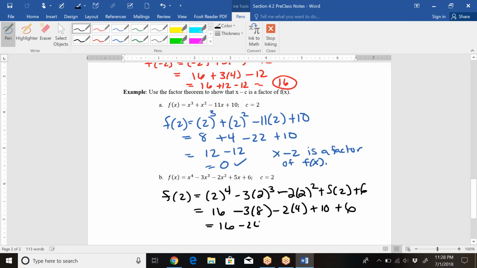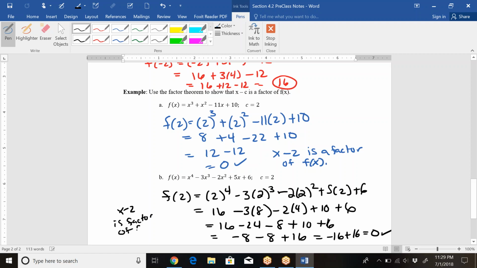That's 16 minus 24 minus 8 plus 10 plus 6. All right, so 16 minus 24 is negative 8, minus 8 plus 16. So that is negative 16 plus 16, which is 0. So in this case, x minus 2 is also a factor of that f of x listed there.